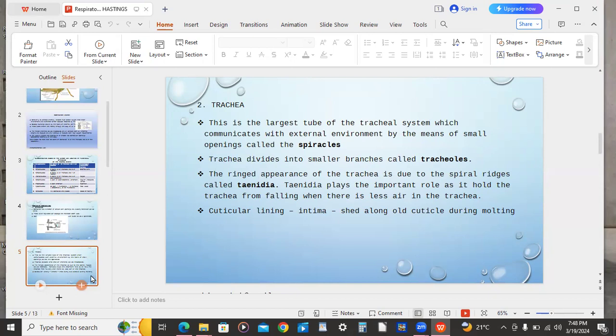The ringed appearance of the trachea is due to the spiral ridges called the taenidia. The taenidia play an important role as they hold the trachea from collapsing when there is less air in the trachea. Let me give you a simple example. Assume one is carrying luggage on a bicycle, and then the tire gets punctured.